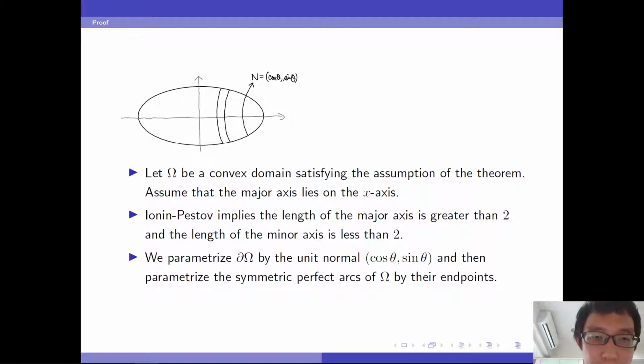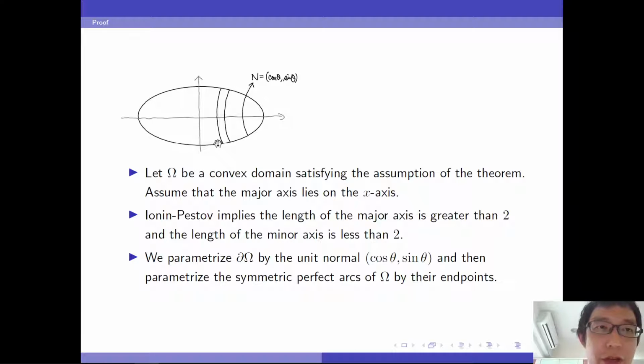We parameterize the boundary of omega by the unit normal, and then parameterize the symmetric perfect arcs of omega by their endpoints. The symmetric perfect arcs are drawn here. With some work, one can show that they are the minimizers for the isoperimetric problem.